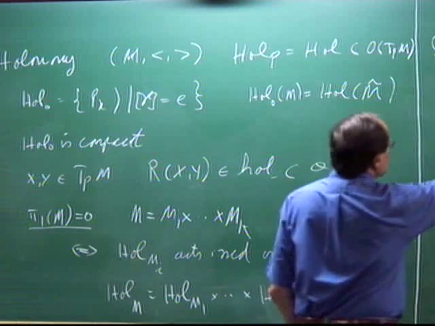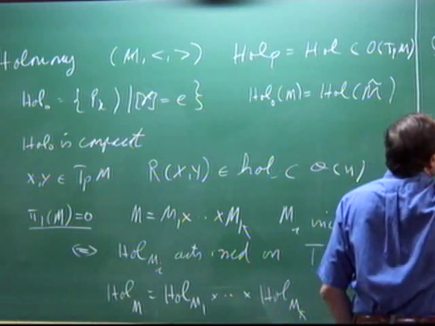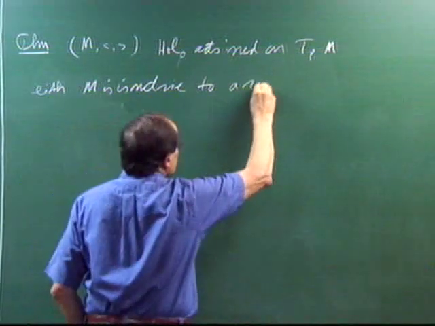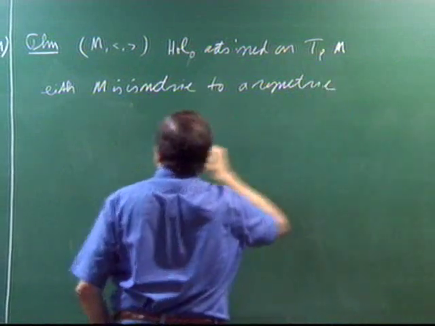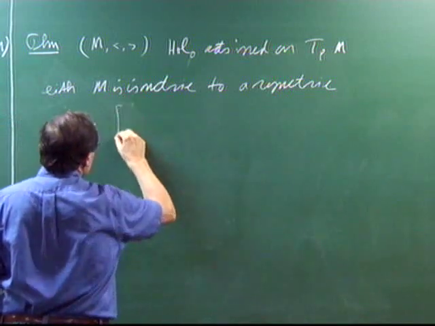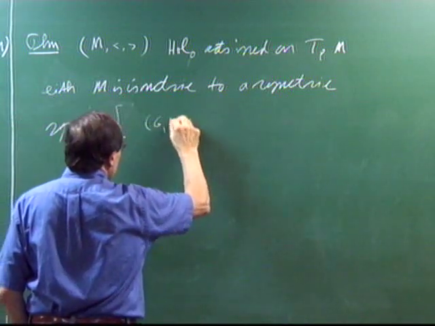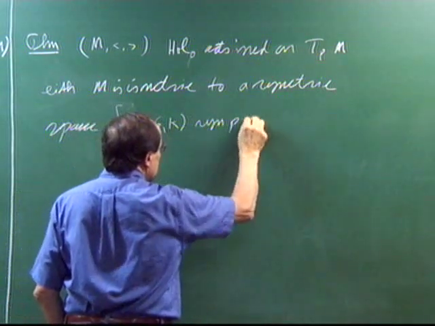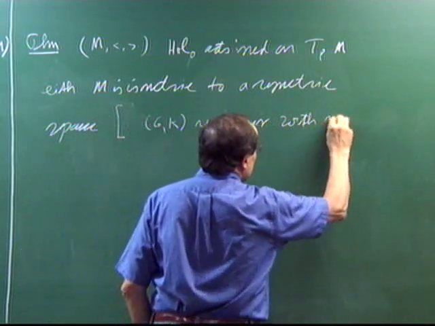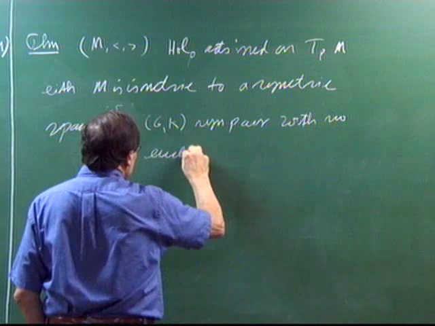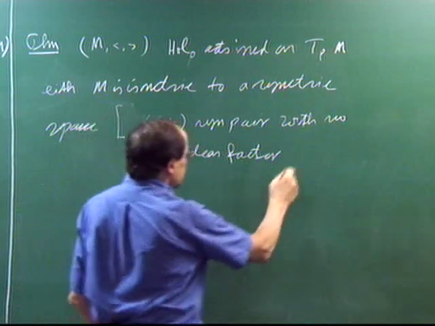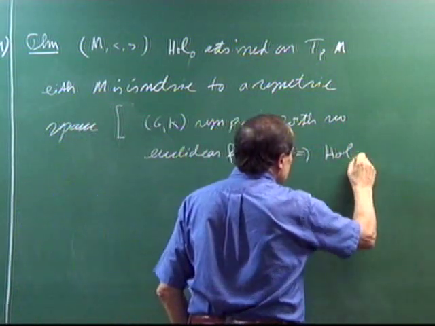And then the statement was that either M is isometric to a symmetric space, and in fact, remind us, say, if (G, K) was a symmetric pair with no Euclidean factor, which essentially meant R^n doesn't split off, this implied that Hol_0 is equal to K_0.